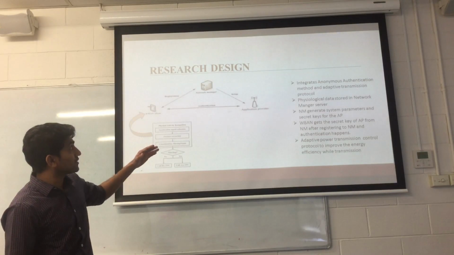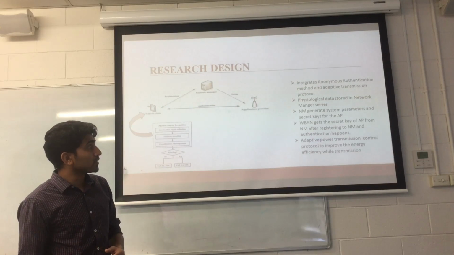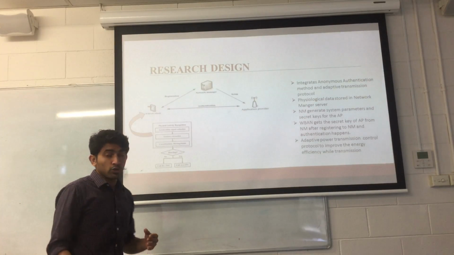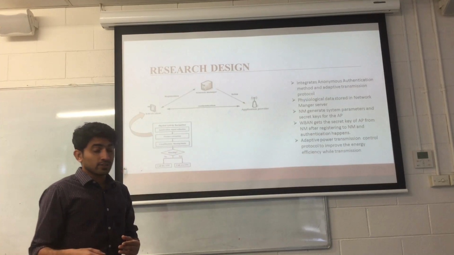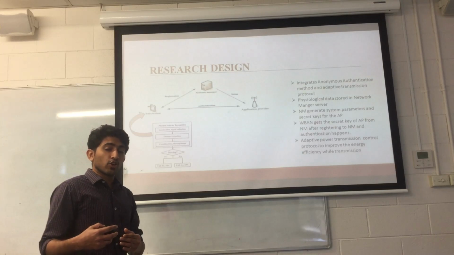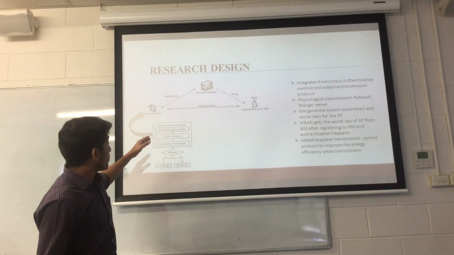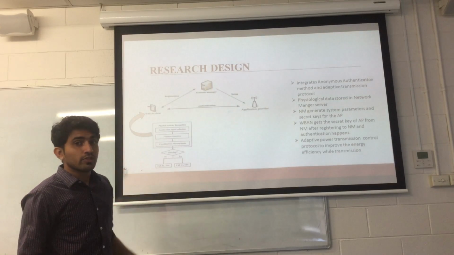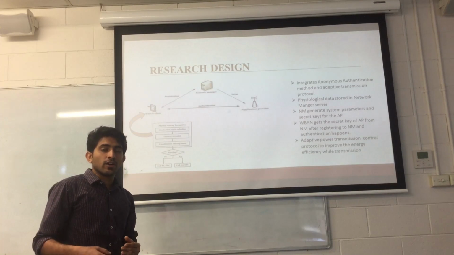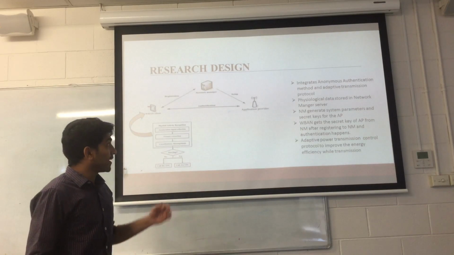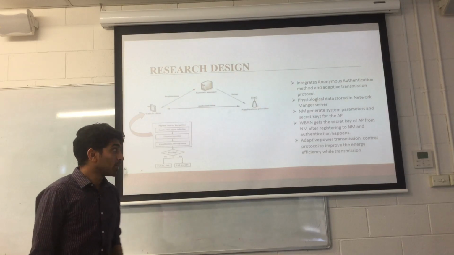So this is the research design I came up with, which makes use of the anonymous authentication method and an adaptive transmission protocol. What is an anonymous authentication system? An anonymous authentication system consists of 3 components: the WBAN client, which is the patient, the network manager, which is a secure third party, and an application provider, which can be a medical server located in a hospital.